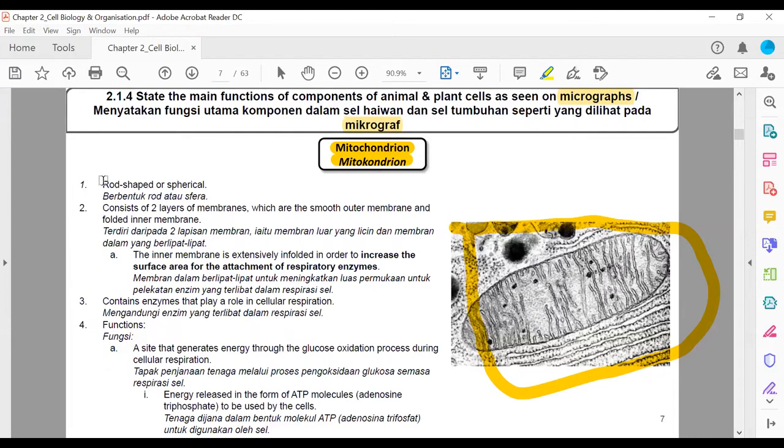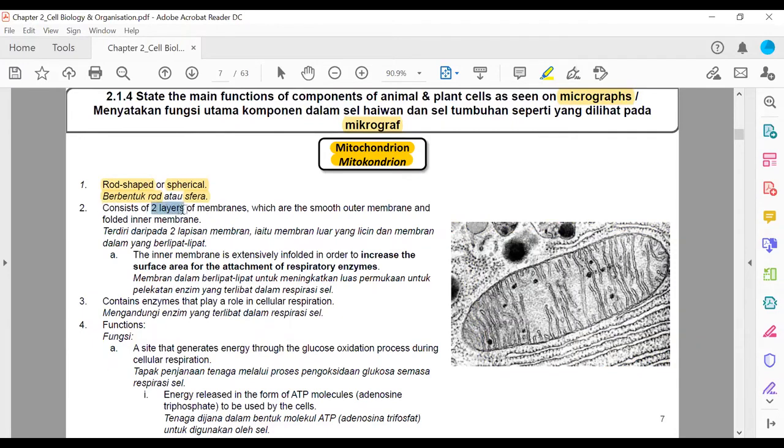Number 1, rod shape ataupun spherical, berbentuk rod ataupun sfera. So biasanya kalau kamu lihat gambar ni juga, mitokondria berbentuk rod. Kalau ada setengah sel di mana bentuknya bulat, ianya berbentuk sfera. Okay, baik. Itu bentuk dia.